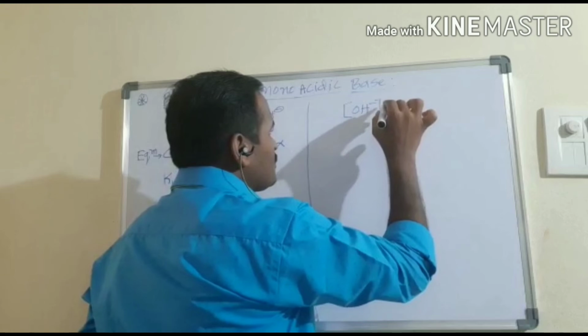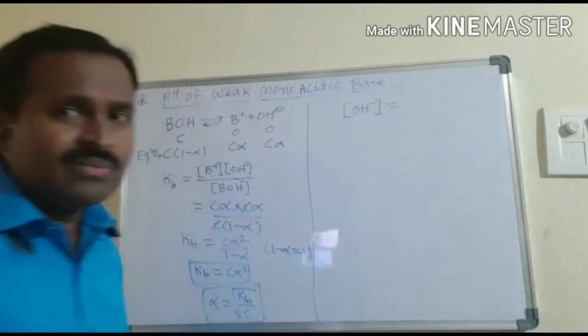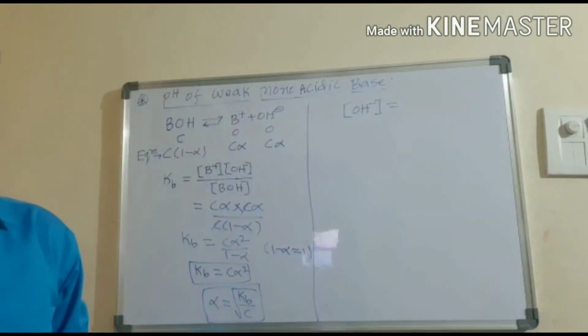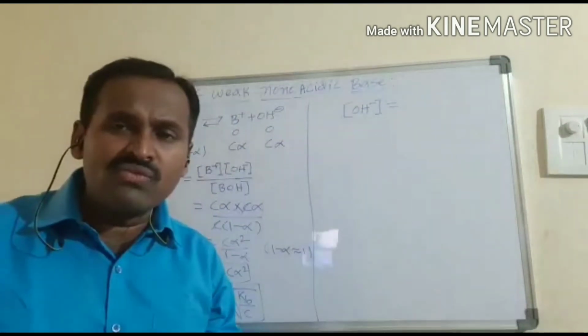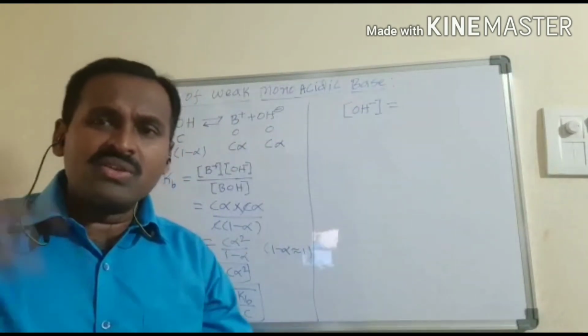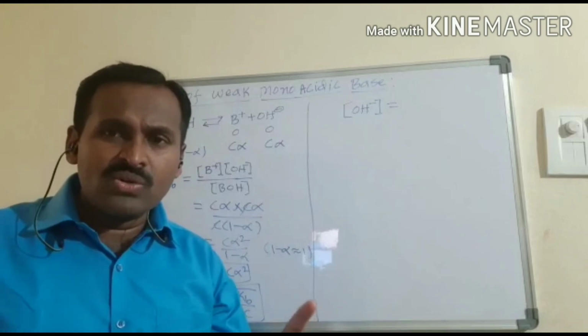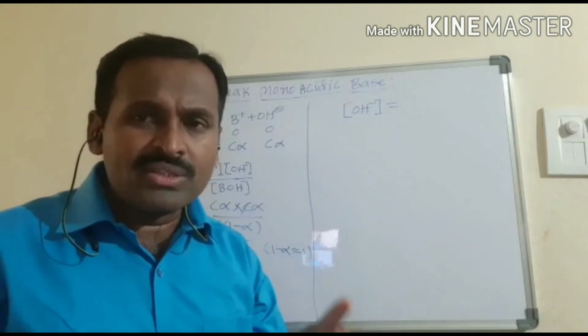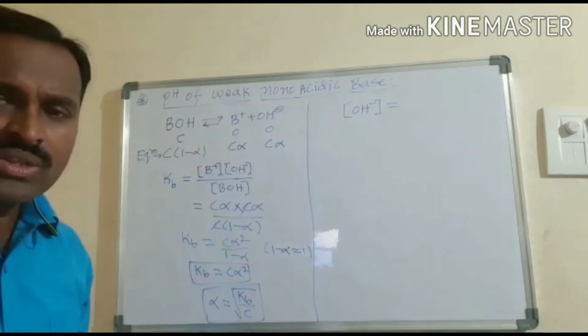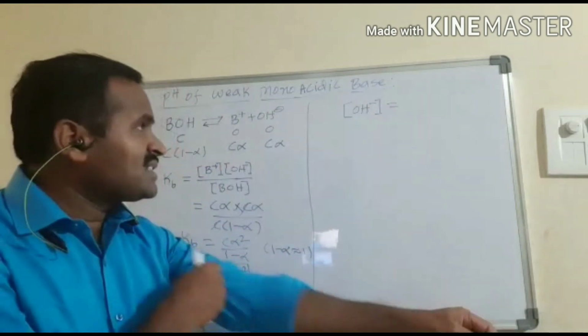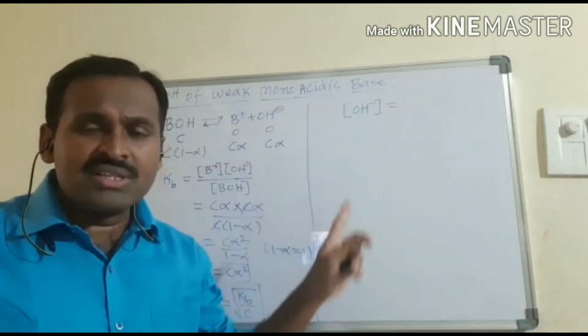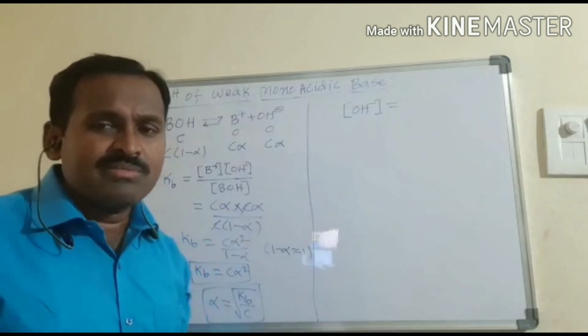This is a base, so you will get only the OH minus ion concentration. From that you can find the pOH, and from that the pH. As we all know, pH plus pOH is always equal to 14, so first find the pOH, then the pH.